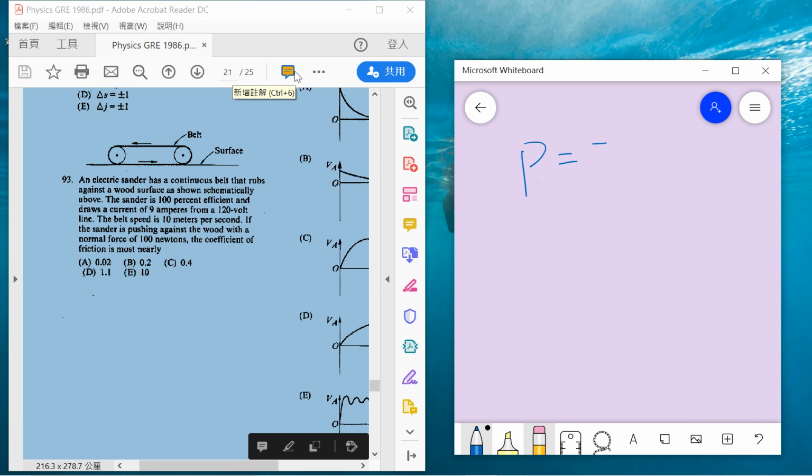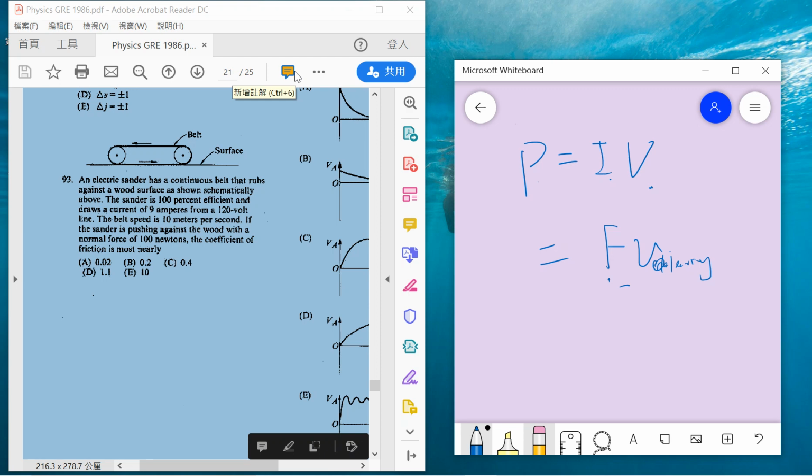The power is I times V, also equals the force times the velocity. Okay, so this is the equation you have, and so you have I, you have V, you have the force, but you don't have the velocity.